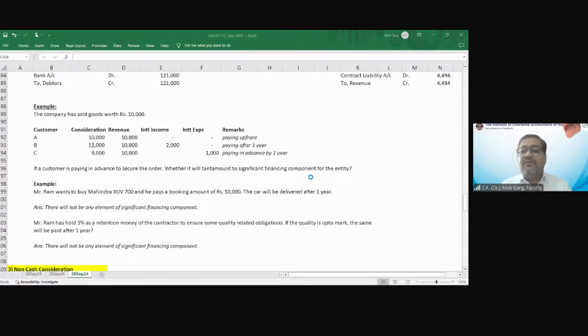In the next line, it was written that the customer has paid the money in advance to secure the order, to secure the delivery of the goods and services. Or, for example, Abrakesh came to me and told me, sir, I want to attend the FR classes.